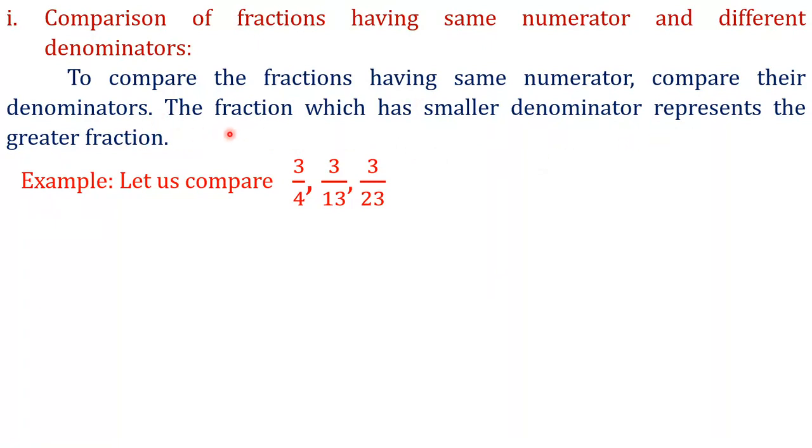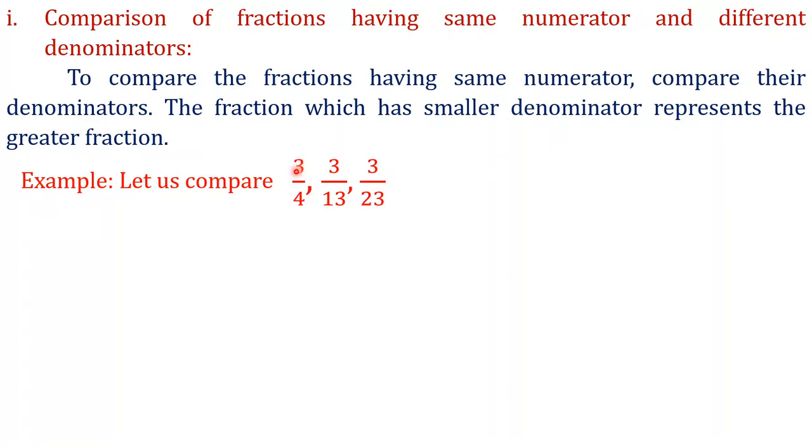The fraction which has the smaller denominator represents the greater fraction, and the one which has the greater denominator represents the smaller fraction. So you have to remember this concept to compare the fractions.